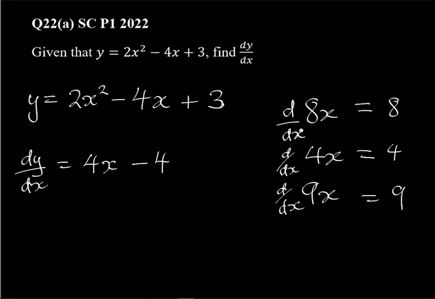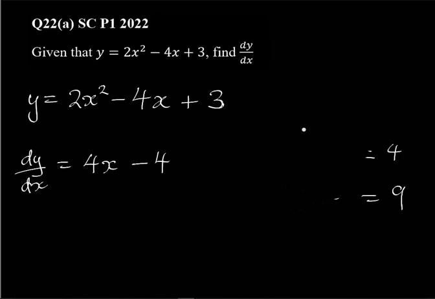So when you perform differentiation on an algebraic term with x to the power 1, it's just going to remain with a number. So those are some tips that are going to help you just do things a bit quicker.